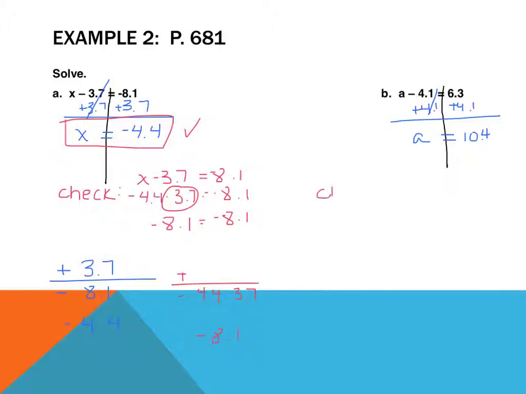And again, we will check that solution. So A minus 4.1 equals 6.3. Substitute 10.4 for A. Okay, so now I have 10.4 minus 4.1 is 6.3.